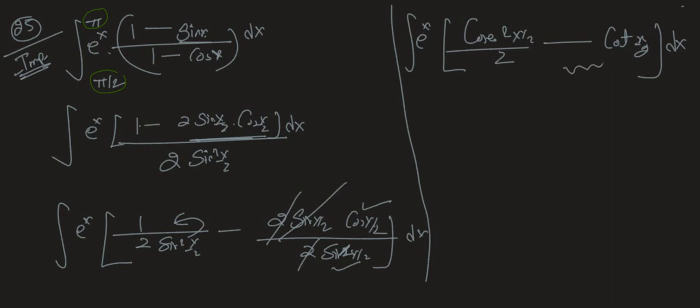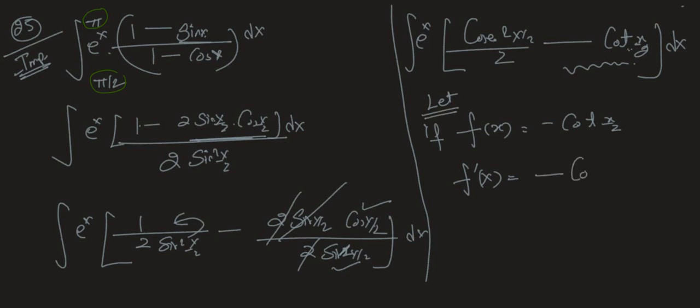I can see, with my experience, that if I consider minus cot x by 2 as some function f of x, just an assumption, what will be the derivative f dash x? The derivative of minus cot is cosec square x by 2, and by the chain rule, x by 2 gives 1 by 2.